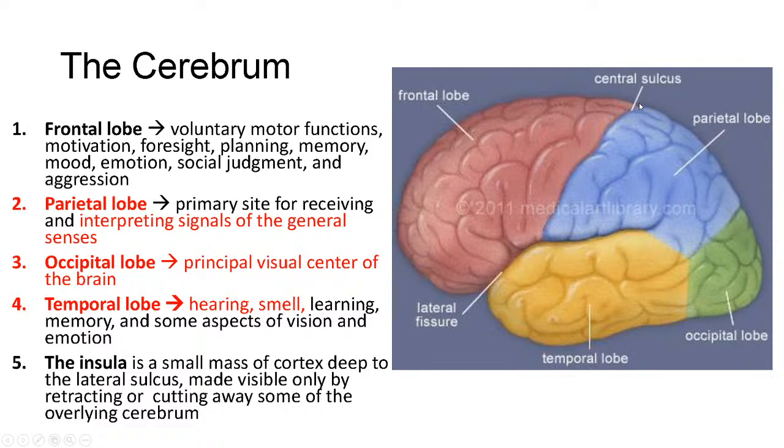All right, back here, separating the frontal lobe from the parietal lobe, by the way, is the central sulcus. That's another important structure. The central sulcus divides and separates the frontal lobe from the parietal lobe. Parietal lobe is responsible for receiving sensory signals and interpreting them.